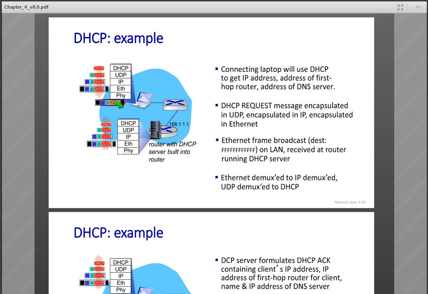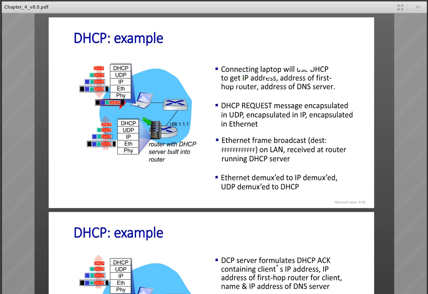The DHCP server uses the rest of them to assign the IP addresses to different computers. Here you can see, for example, a laptop is connecting to a network. Then it tries to use the DHCP protocol to ask for its IP address in the network.